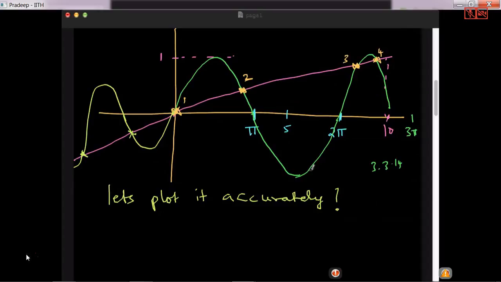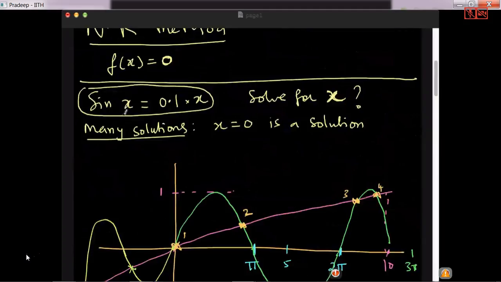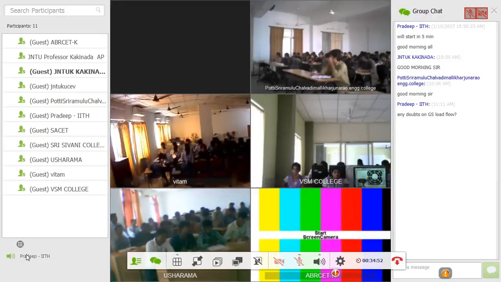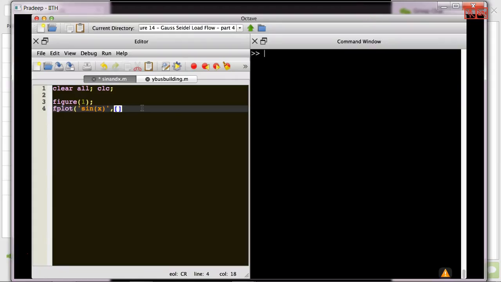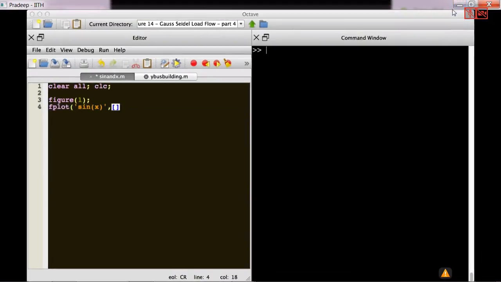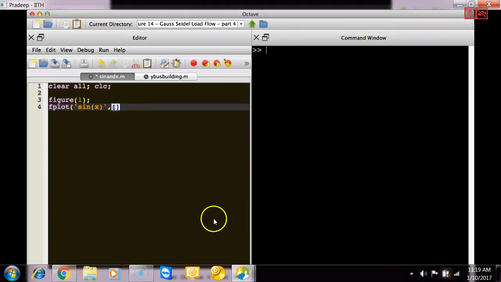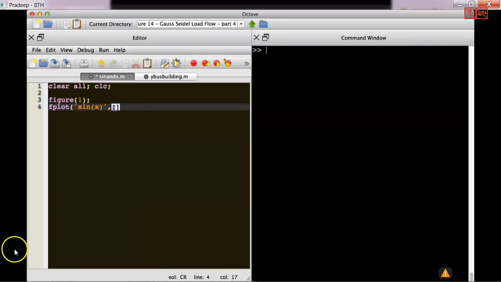So the two things that I'm interested in is sin x and then 0.1x. So let me go to my MATLAB interface. So I'll just give that. Just a minute.